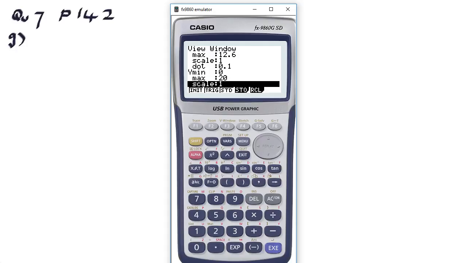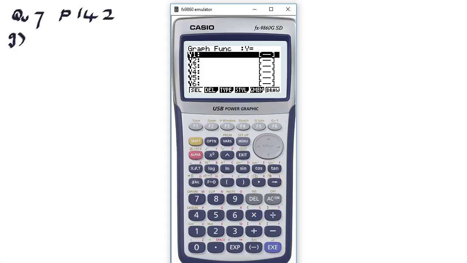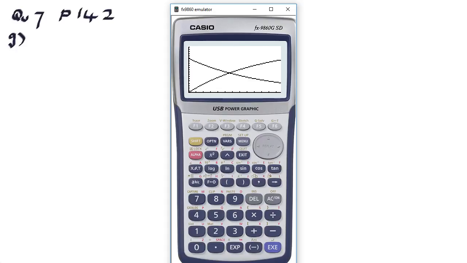Now I'm going to enter the two functions: velocity 1 is 15e to the minus 0.1t, and function 2 is 20 take 20e to the minus 0.1t. Then I'm just going to shift G-Solve, intersect, and we see it's 5.6 seconds when they intersect.